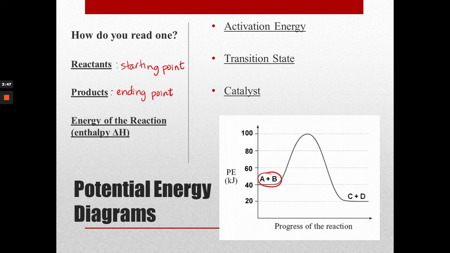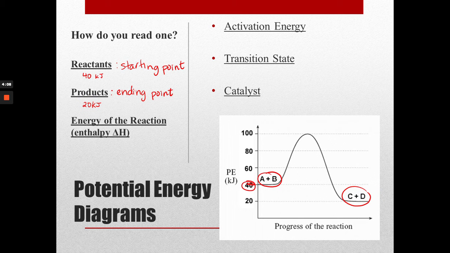In this particular graph, our reactants have a potential energy of 40 kilojoules. Our products are down here, follow that dotted line, at 20 kilojoules.